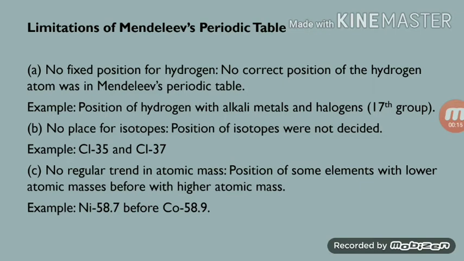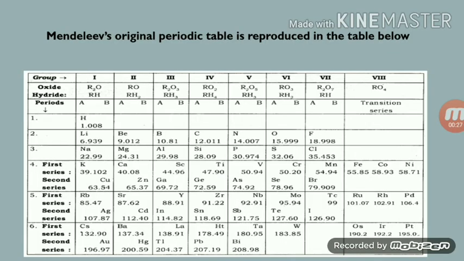No fixed position of hydrogen. No correct position of the hydrogen atom was in Mendeleev's periodic table, because the hydrogen atom can show both properties of metal and non-metal. So hydrogen does not have its position fixed.